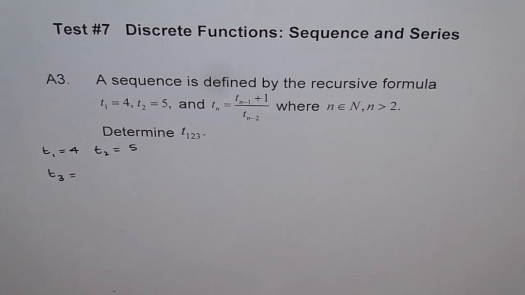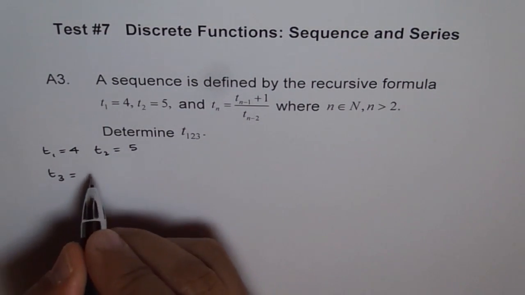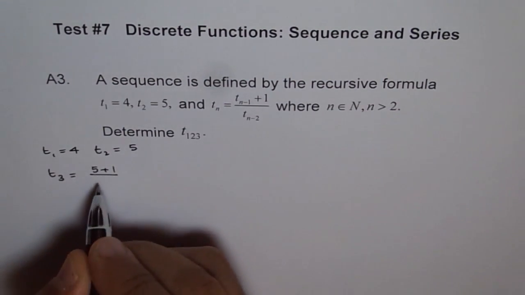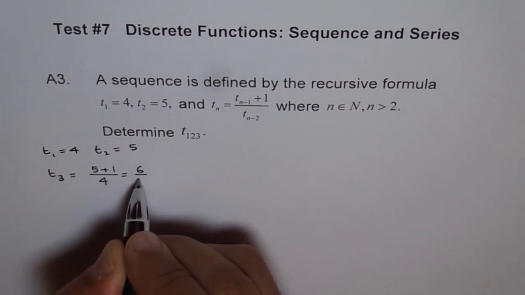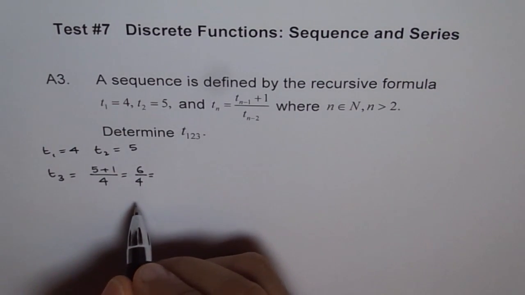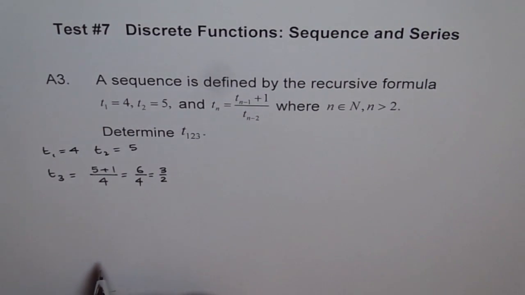The previous term is term number 2, which is 5, so I get 5 plus 1, and previous to previous is 4. So we get 6 over 4, which both can be divided by 2, and we have 3 over 2.